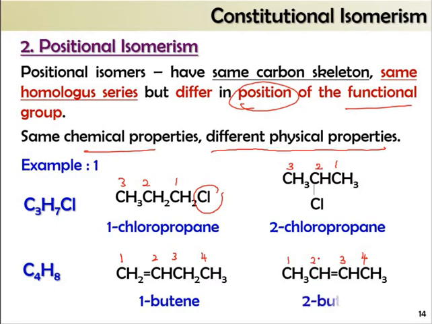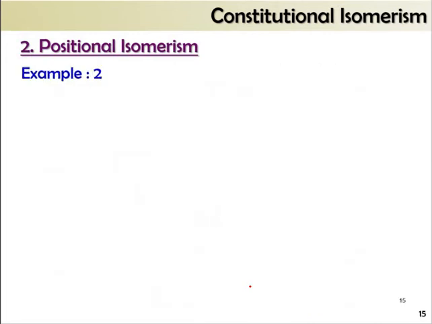So it becomes 2-butene. So the relationship between 1-butene and 2-butene is positional isomer because it does not change the longest chain. The skeleton carbon is still the same, but the position of the functional group is different. So the relationship of both structures is positional isomers.